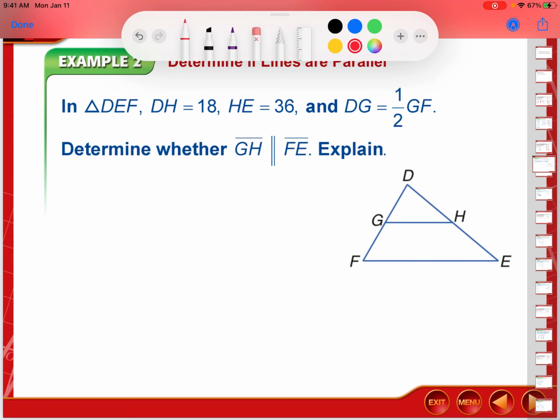They tell us DH is 18, HE is 36, and then DG is 1/2 of GF. So this is GF, and this is 1/2 of GF.